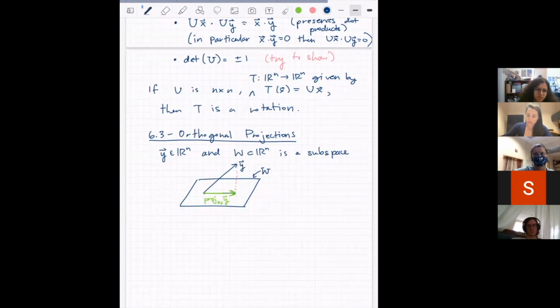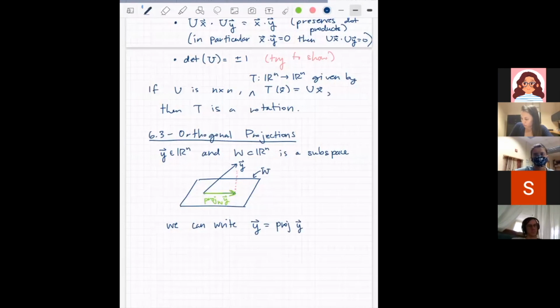So we can write y as the projection of y onto W plus a vector z, which is in W perp.